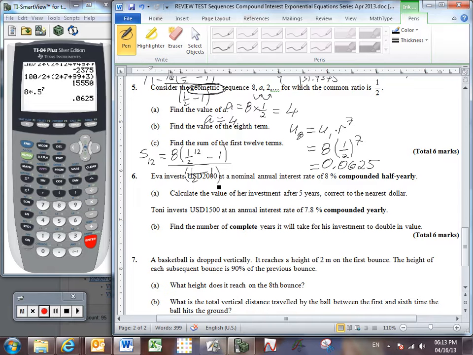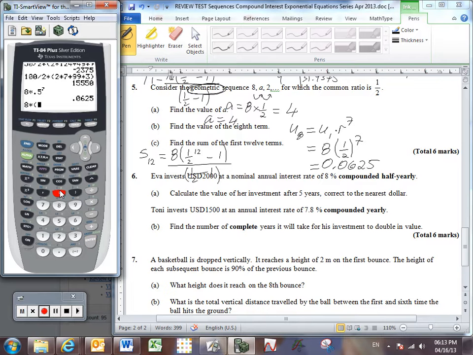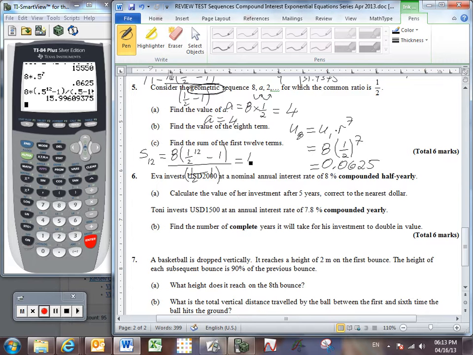So let's see what we get then. 8 times, open bracket, 0.5 to the power of 12, exit the exponent, subtract 1, close the bracket, divide by, open bracket, 0.5 minus 1, close bracket to finish the denominator. And we can see that the total sum is 15.996, which of course, if you wanted to round to 3 significant figures, would be 16.0.